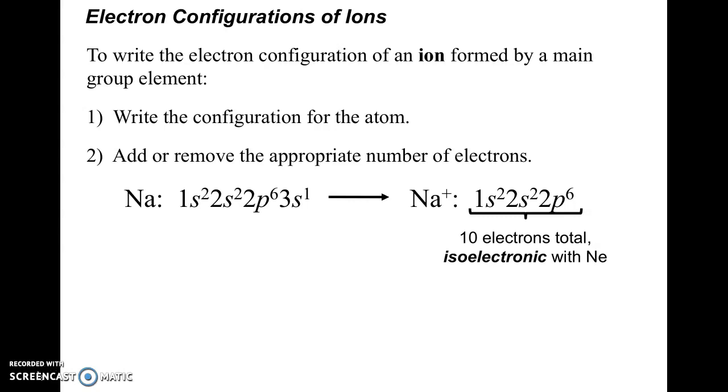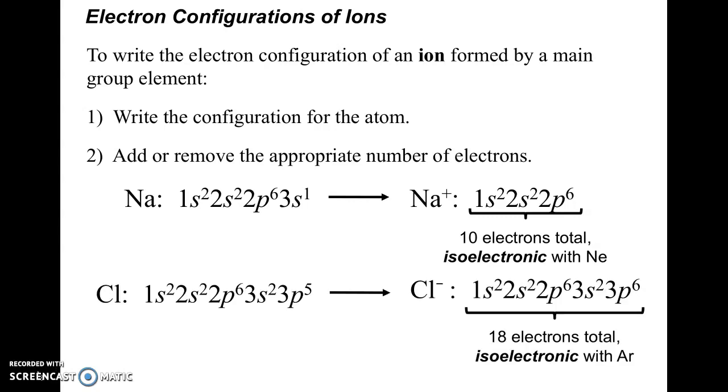It's the furthest away from the nucleus, comes off readily, and you can see that it now has a filled quantum number 1 shell and a filled quantum number 2 shell. So it's isoelectronic with neon, which makes it extremely stable. The next one is chlorine.